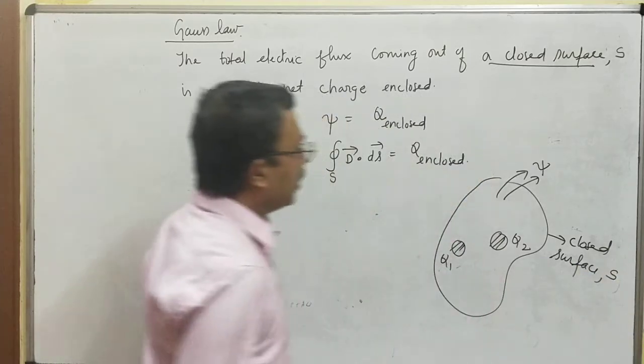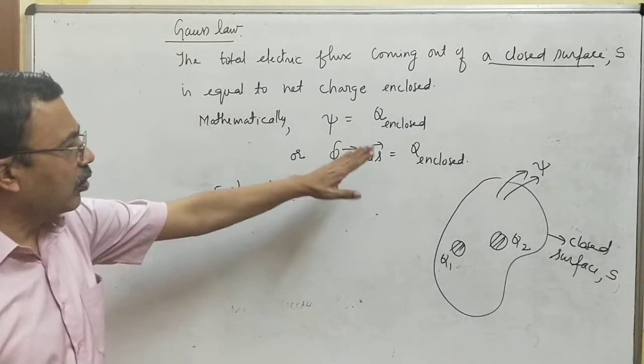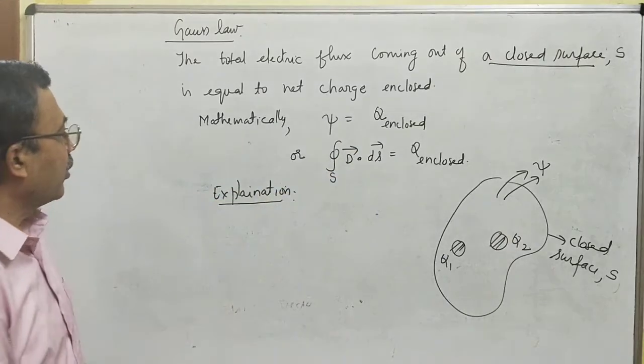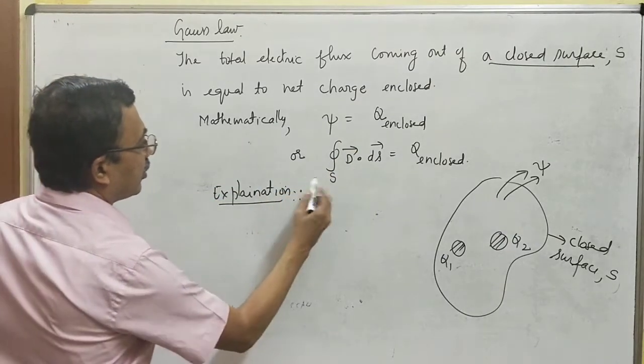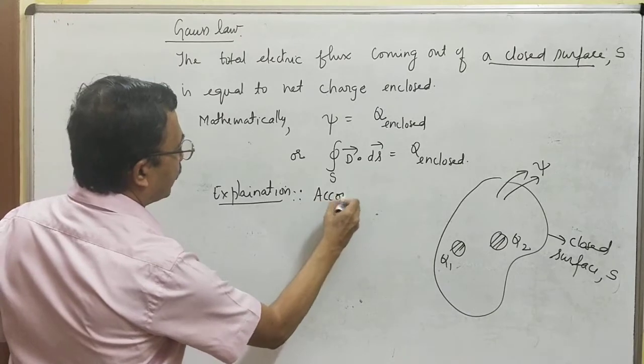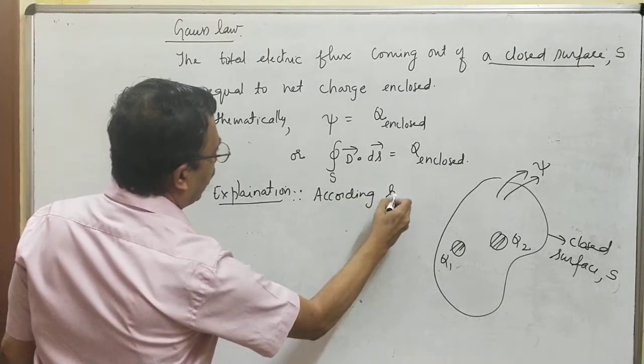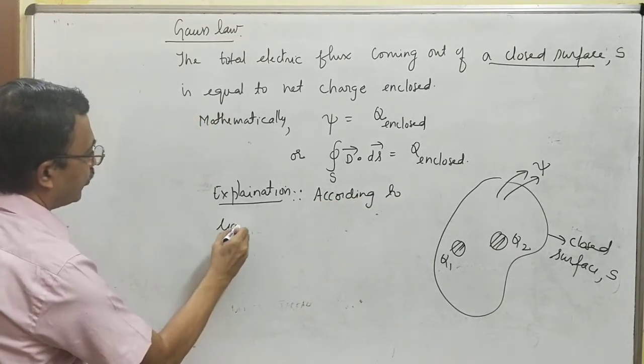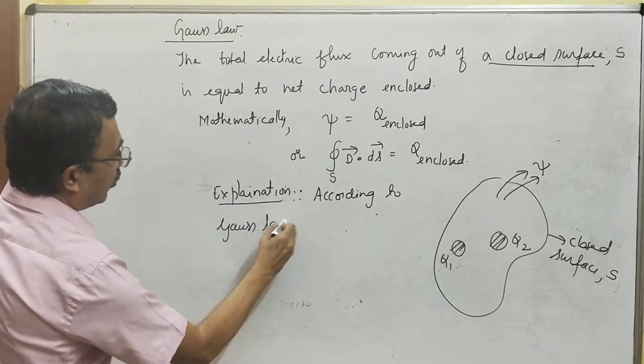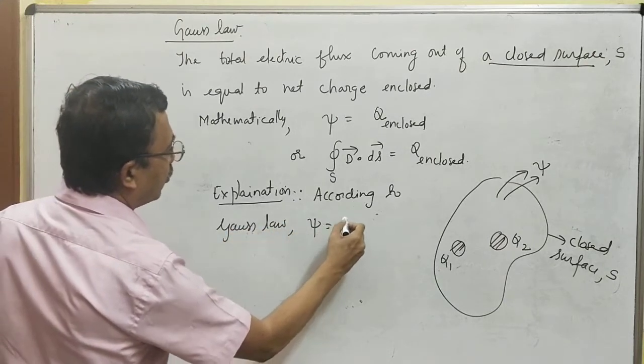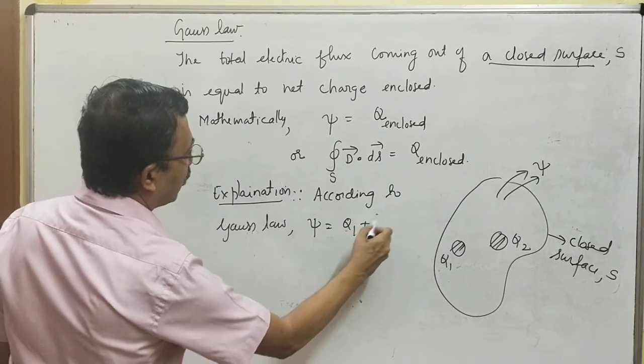The electric flux coming out of the closed surface must be equal to the net charge enclosed. According to Gauss law, psi is equal to Q enclosed, which means Q1 plus Q2.